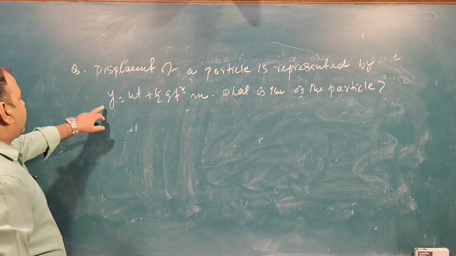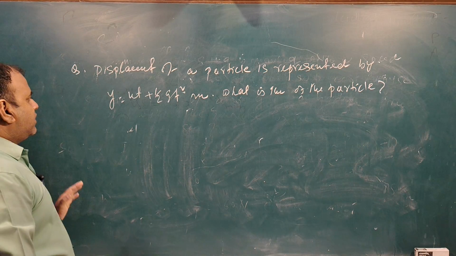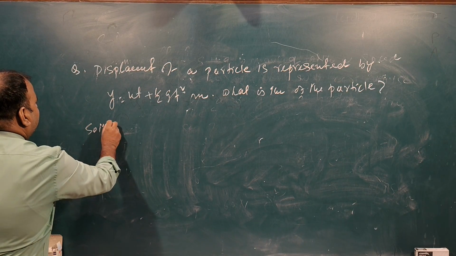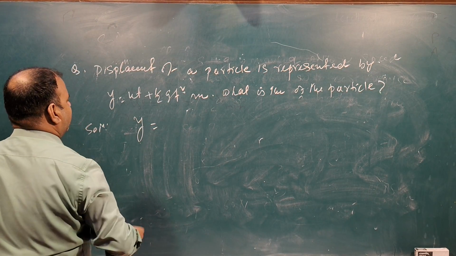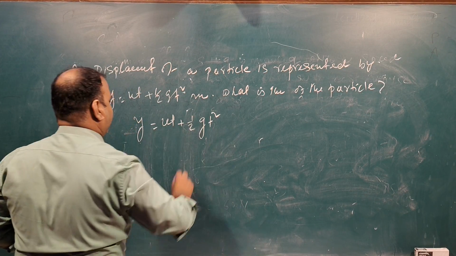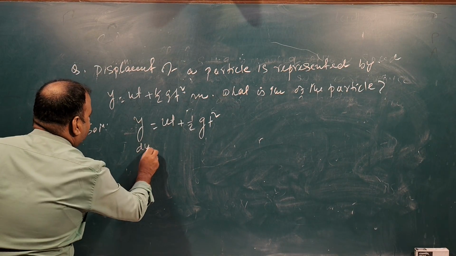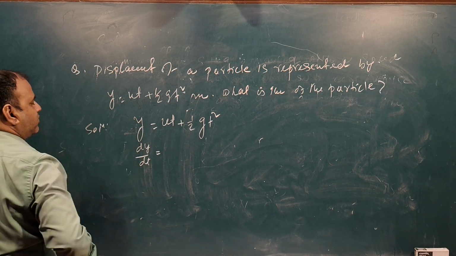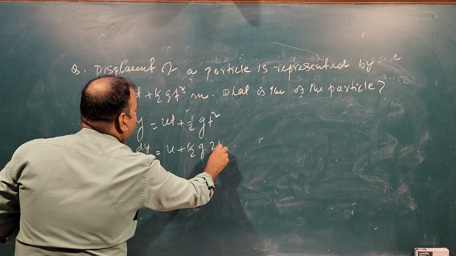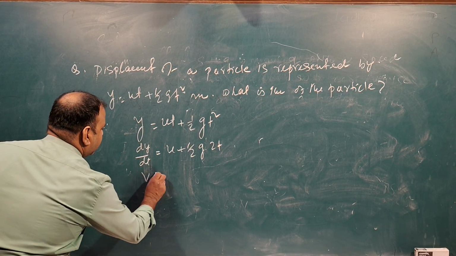Here you can see the displacement of the particle is given, y = ut + ½gt². In this case you have to differentiate it. Solution: y = ut + ½gt². Differentiating, dy/dt = u + ½g into 2t. dy/dt is the velocity.